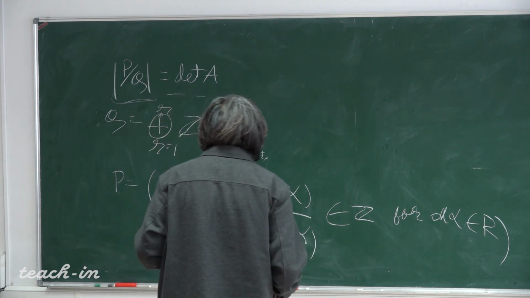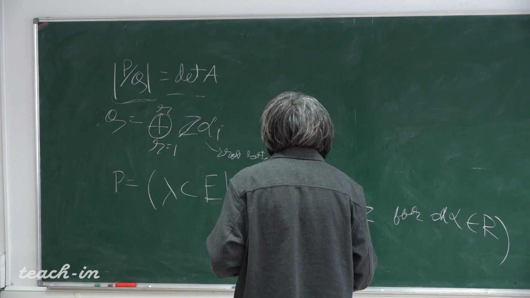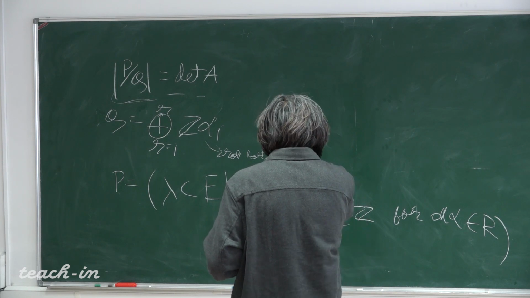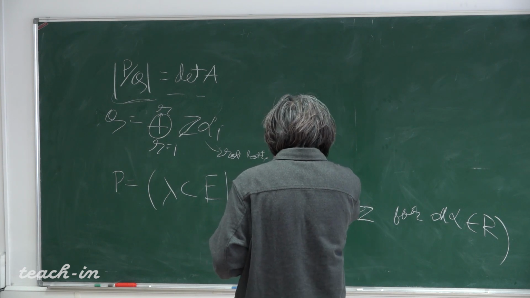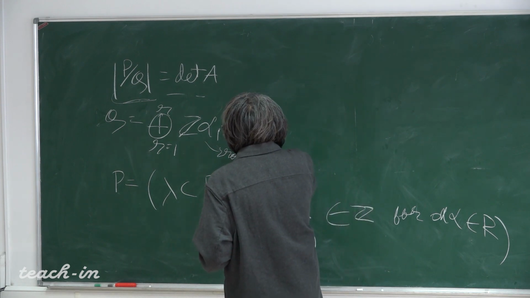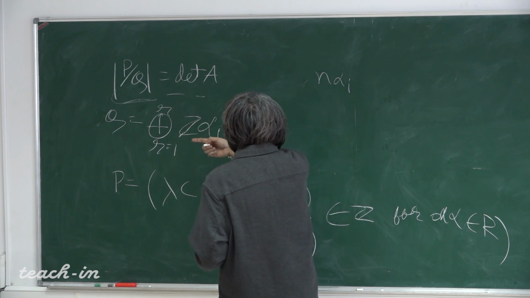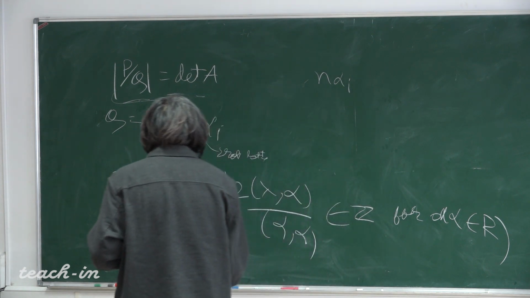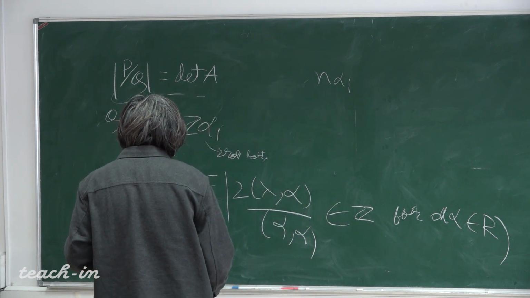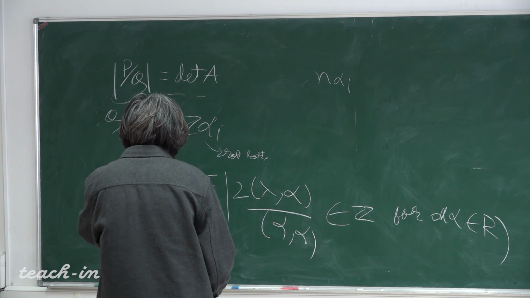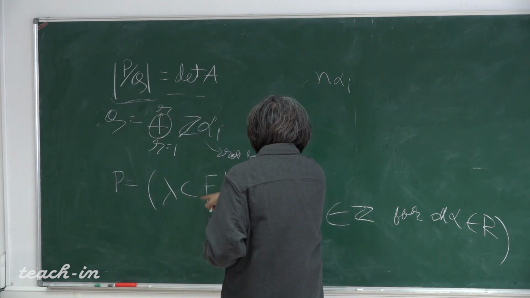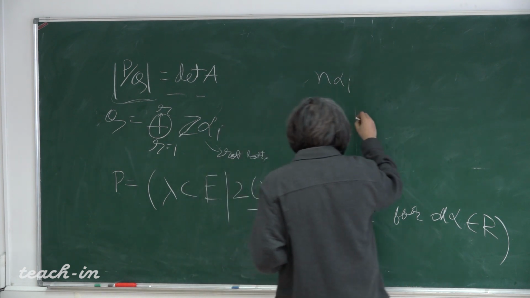So let's do this. I can take any integer combination of alpha i and just replace it by lambda.